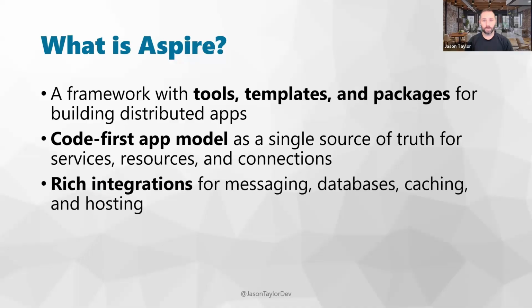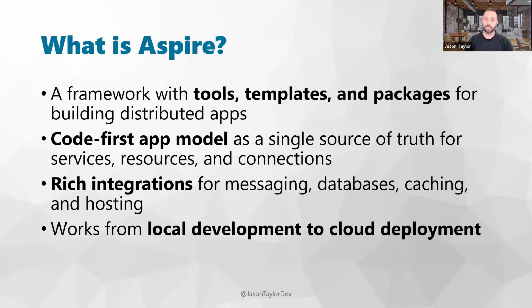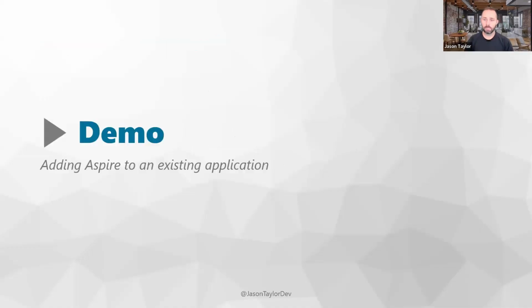It also provides pre-built integrations for common infrastructure like messaging, databases, caching, and hosting. And importantly, Aspire is designed to work end-to-end, from running locally during development all the way through to deployment in the cloud.